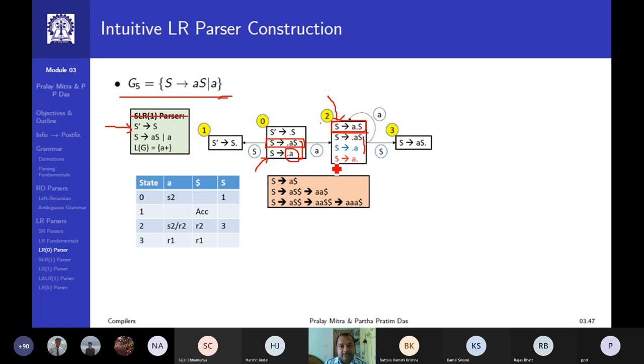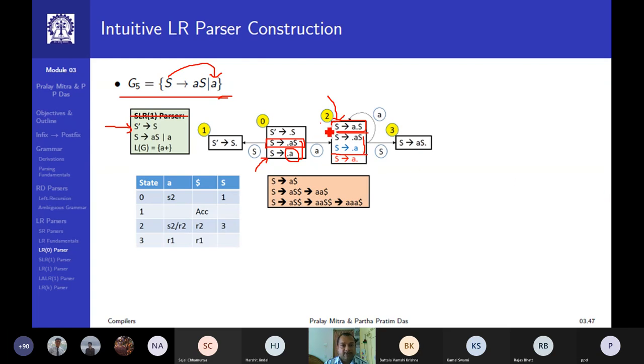But the fourth production rule at state 2, which is also colored red, suggests that when I see A, I can reduce the previous A to S using the second production rule, S derives A.